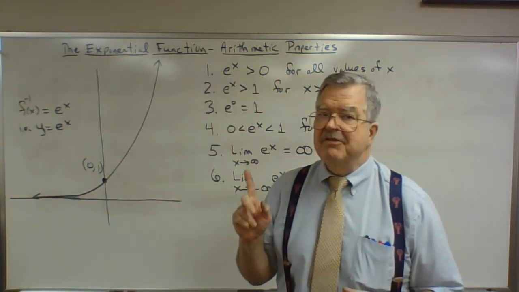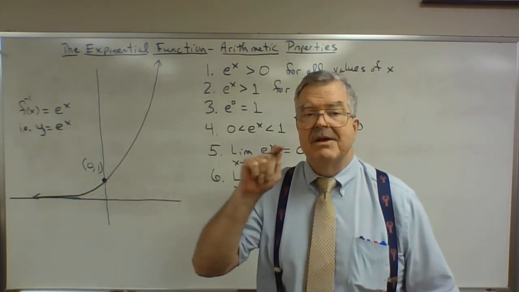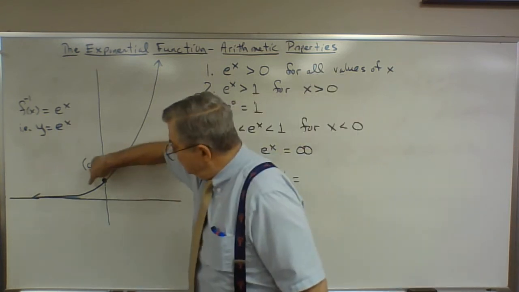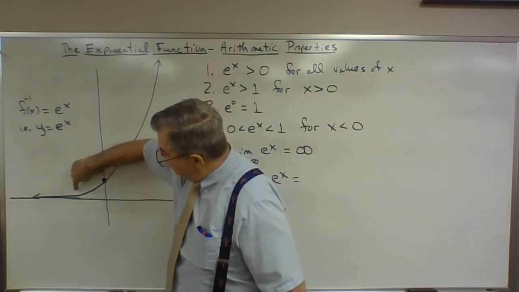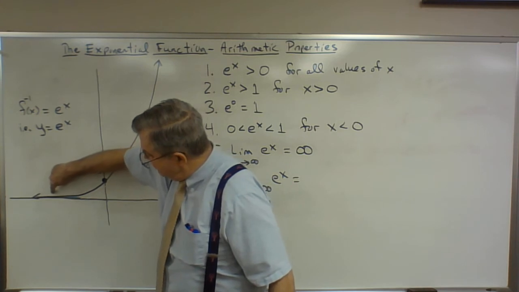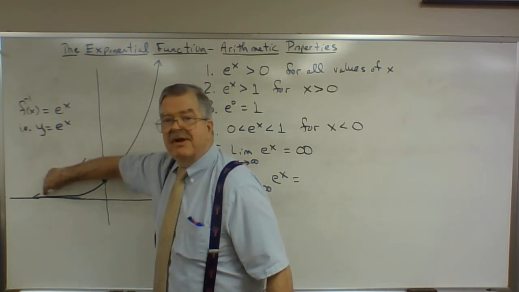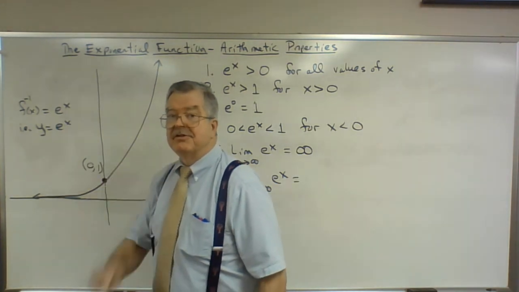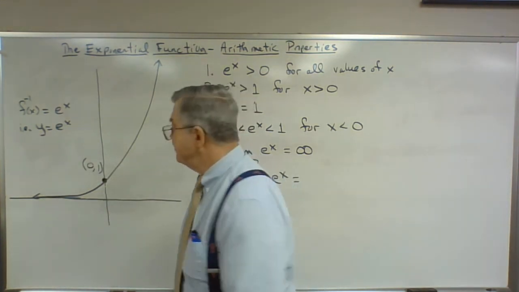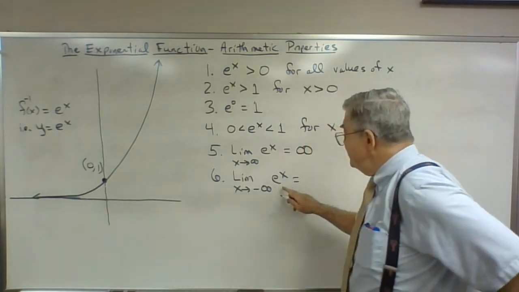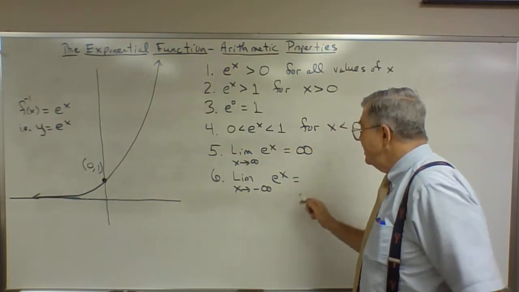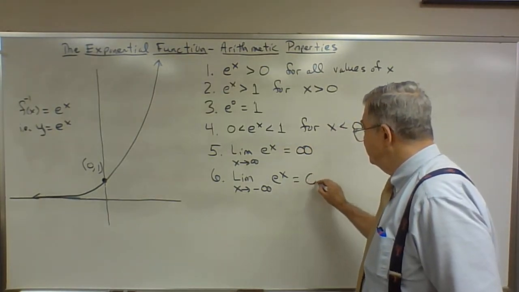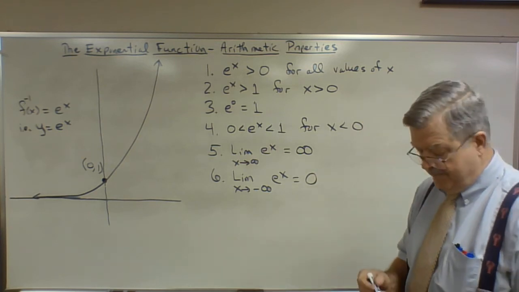And remember, the x-axis is y equals 0. So as x goes to negative infinity, this graph gets arbitrarily close to the x-axis, which is the same as y equals 0. So the limit of e to the x as x goes to negative infinity is 0.